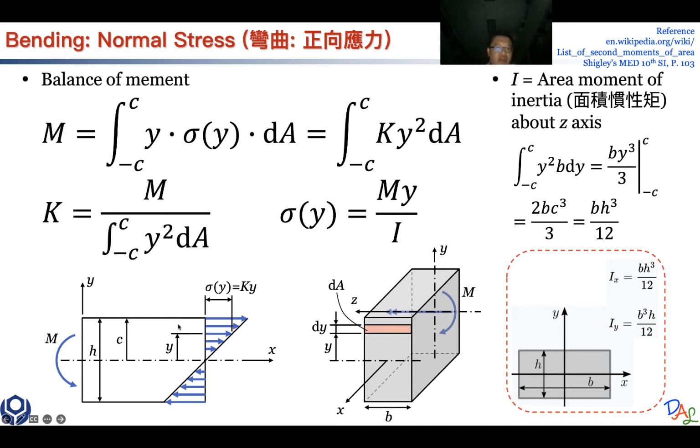The only thing we need to do right now is write this balance equation. On the left hand side of this equation we have the counterclockwise moment applied by us, and on the right hand side is how much stress is generated at this edge of the material, and those will be responsible for the right hand side moment.